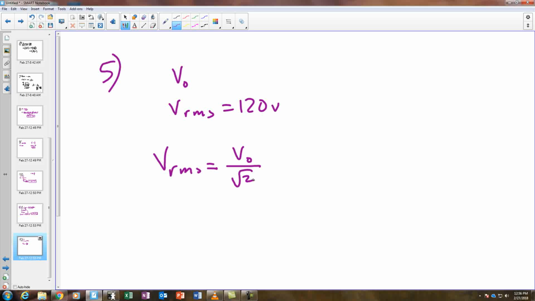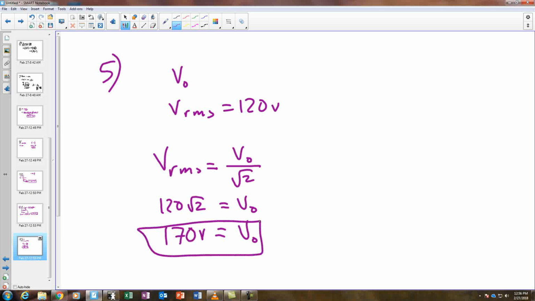So if I times by root 2, 120 times root 2 should equal V naught. V naught turns out to be 169.7, so we'll say roughly 170 volts. That is the peak voltage typically in your wall outlets.